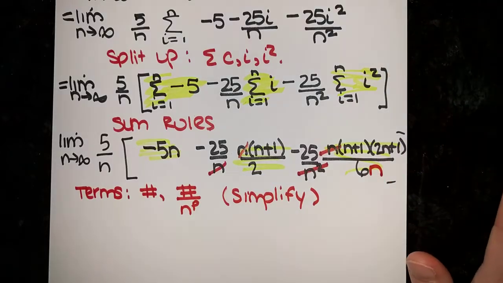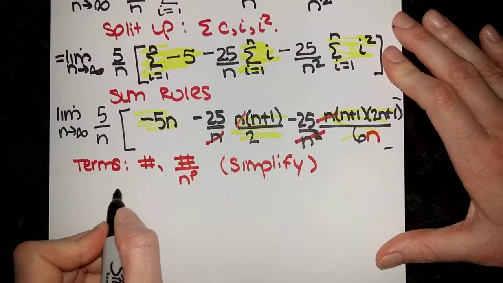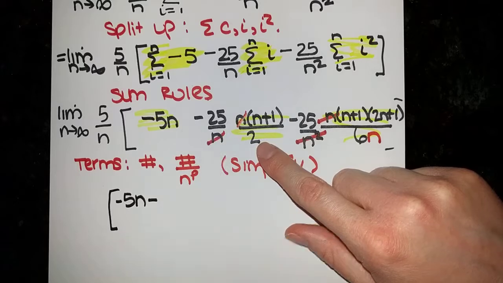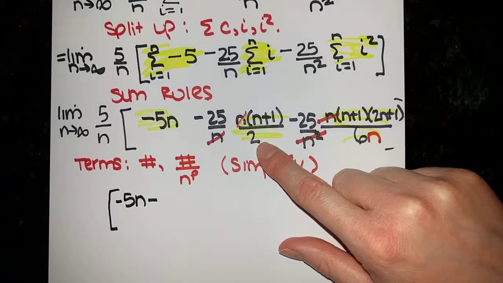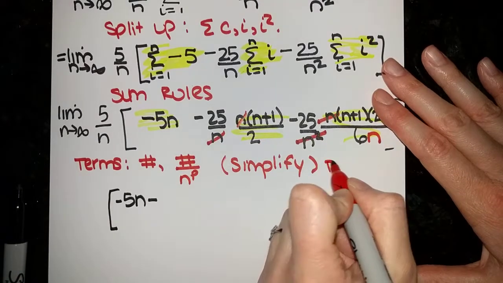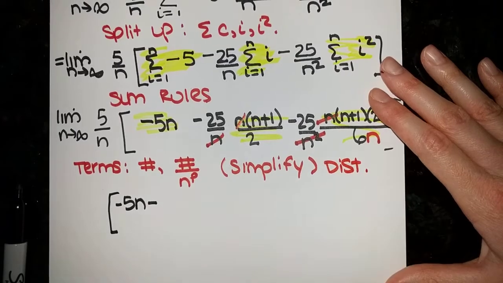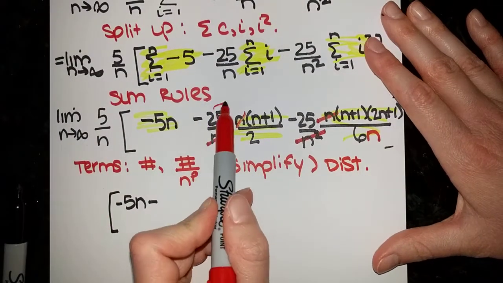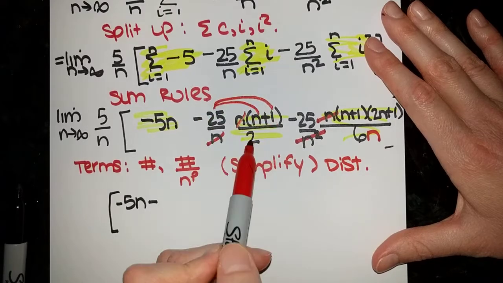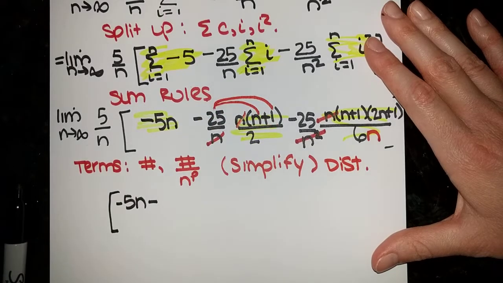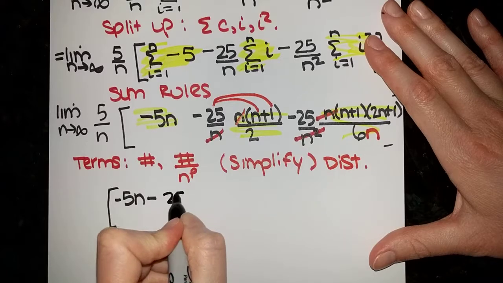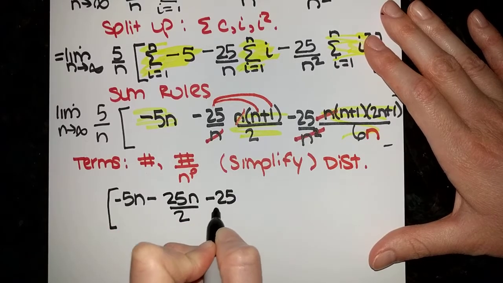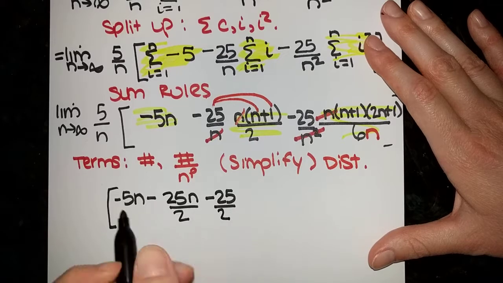Now, we're not home free yet, because we have to simplify this -5n minus. Here I want to get a bunch of terms, so I'm distributing as much as possible. When you think about simplifying, usually it's going to be about distributing. So I'm going to distribute the -25 to the n and to the 1, and I will still have a 2 in the denominator. So this will become -25n over 2 minus 25 over 2.